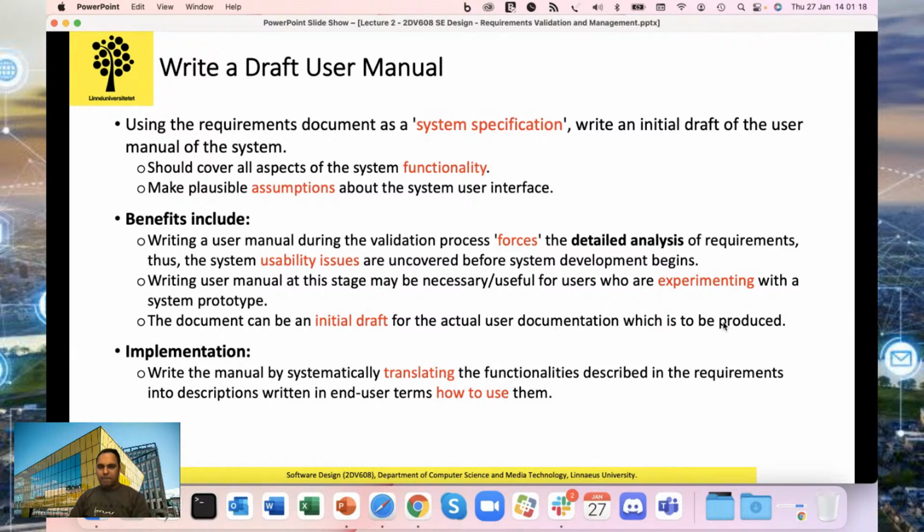But if the person is not able to make some plausible assumptions, so plausible here means logical assumptions based on your requirements, that means your requirements also have problems. So you still have the opportunity to improve your requirements.